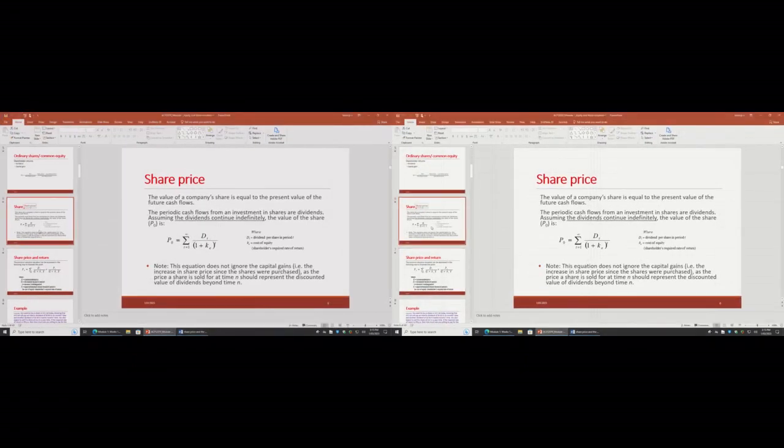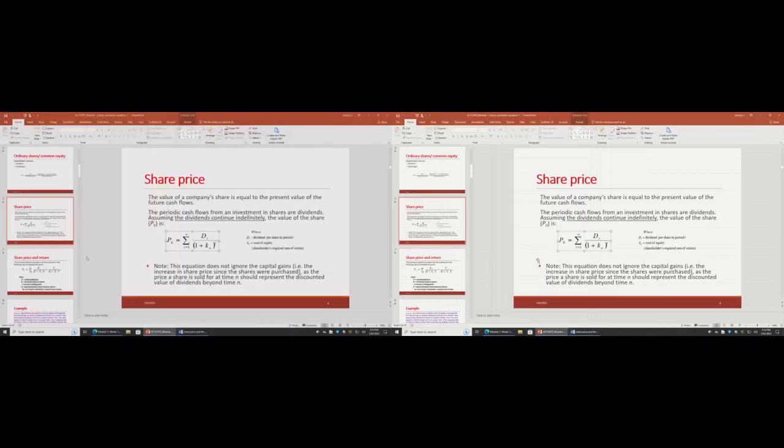That's why we said this equation does not ignore the capital gains. It actually incorporates that information, and you can tell from these 2 different examples. The dividends incorporate the price information, because the dividends determine the future price at which the equity will be sold in the market.